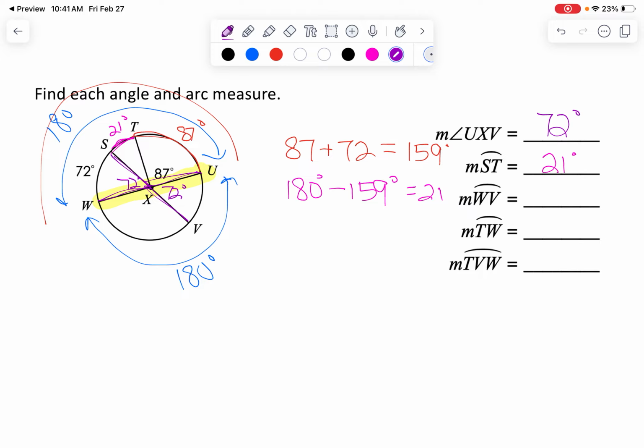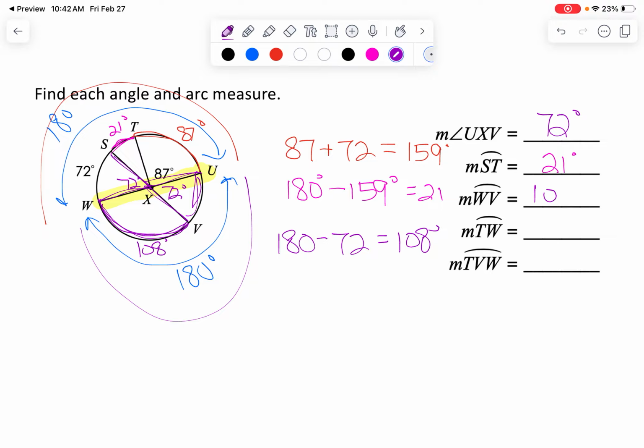Okay, now let's do the measure of arc WV. So that's this one right here, WV. Well, I know all the way around is 180, and this is 72. So if I go 180 minus 72, that gives me 108, which would be this right here.